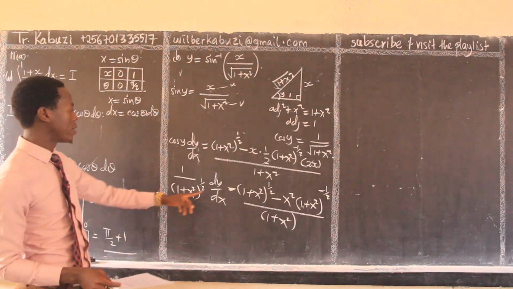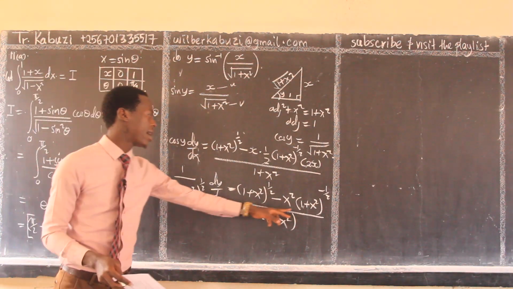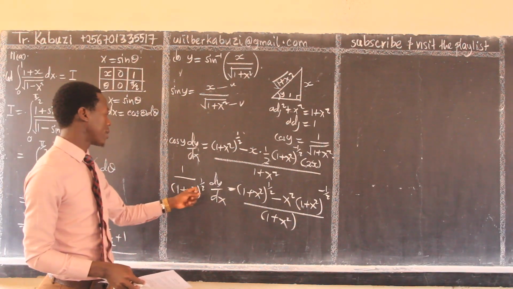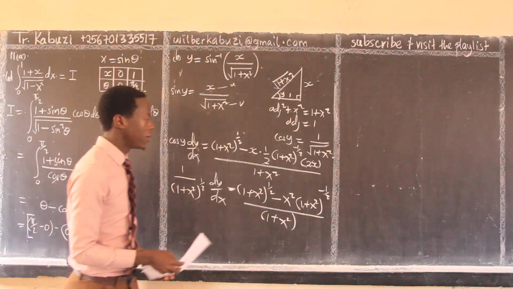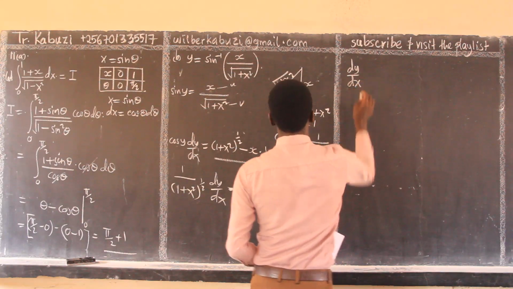Now you see, I want to make dy dx the subject, so I'm going to multiply through by 1 plus x squared power half, and multiply it here, remaining with our 1, which will give us dy dx.